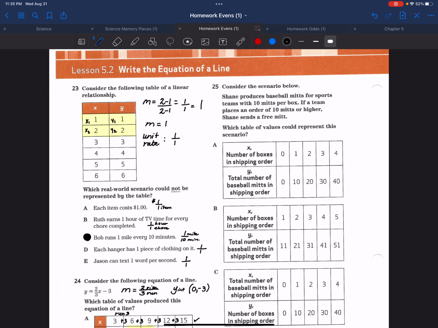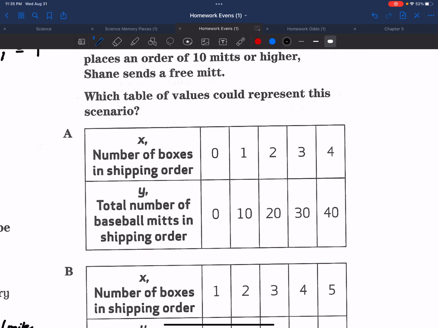Okay, so we're looking for violations here. I'm just going to use common sense on this one. No order, no mitts. 0, 0. 1 box, 10 mitts.